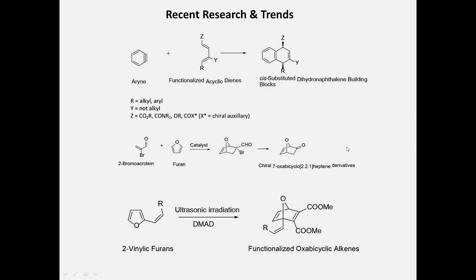Okay, so here I'm at the end of today's lecture, and as I said, I will share some recent research and the trends regarding the Diels-Alder reactions. Three examples to mention today. Like you can see with the arene, if you have substituents or some other groups over here.